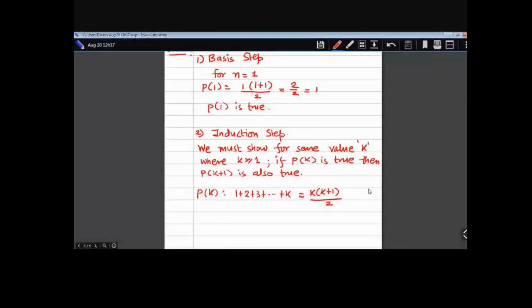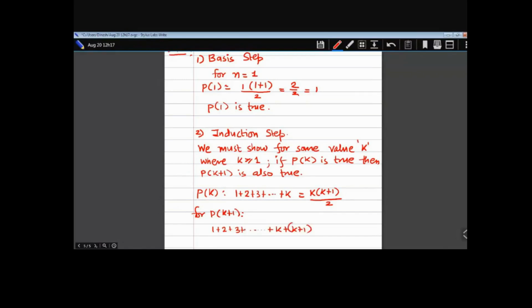Then we write that for P of k plus 1, what will be the equation on the left hand side? 1 plus 2 plus 3 plus dot dot dot plus k plus 1. Are you getting me?